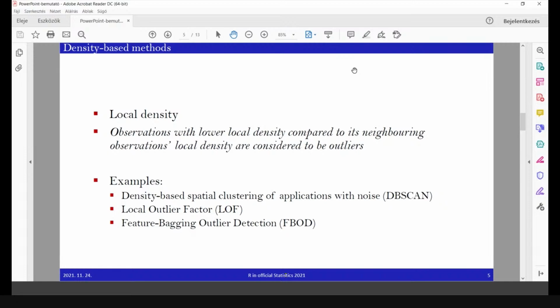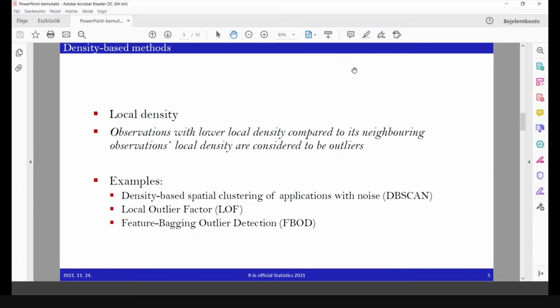And they compare it to the neighboring observations' local densities. So the idea behind this is that the scarcer the area around one observation is, the more likely it is to be an outlier. This is pretty much the key idea.